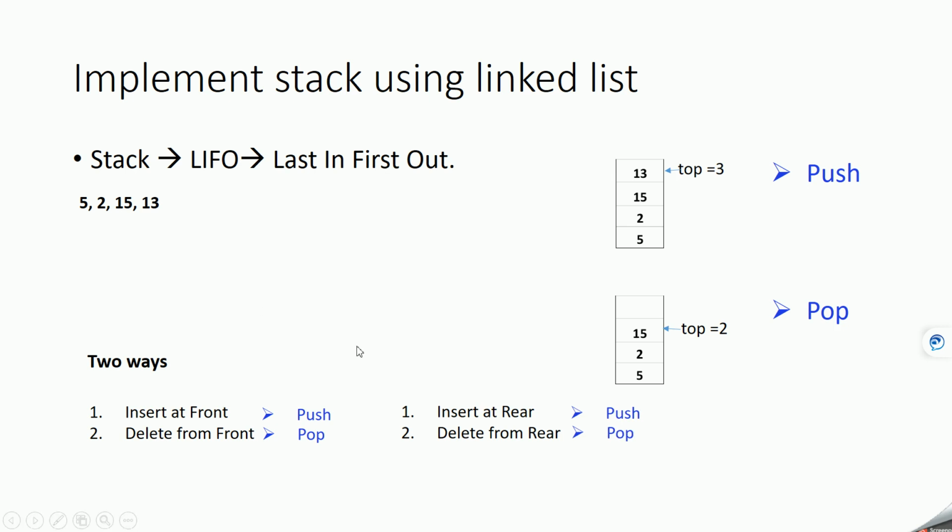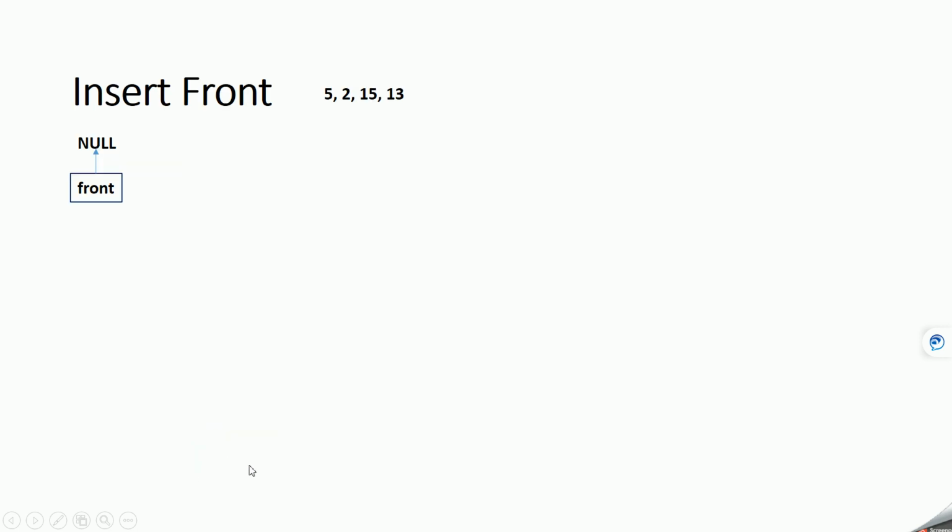Now let's see how we can implement stack by inserting the element at the front and deleting the element from the front. Now we are given these elements and this is an empty linked list. This indicates the linked list is empty, and now we'll add all this data at the front of the linked list.